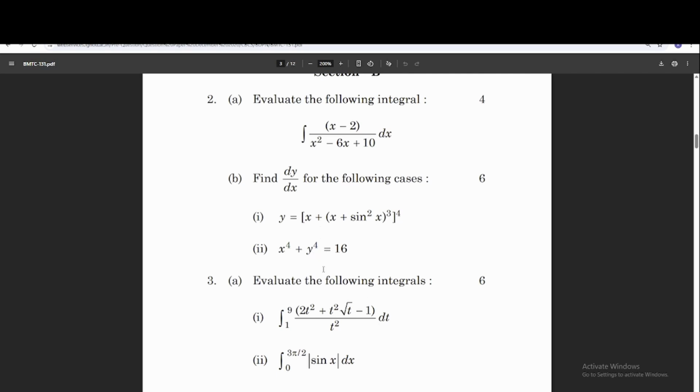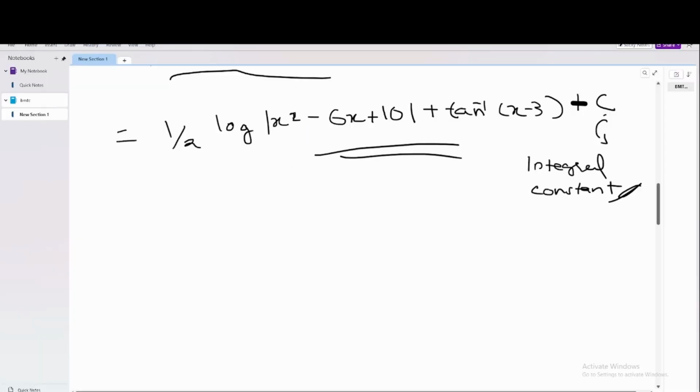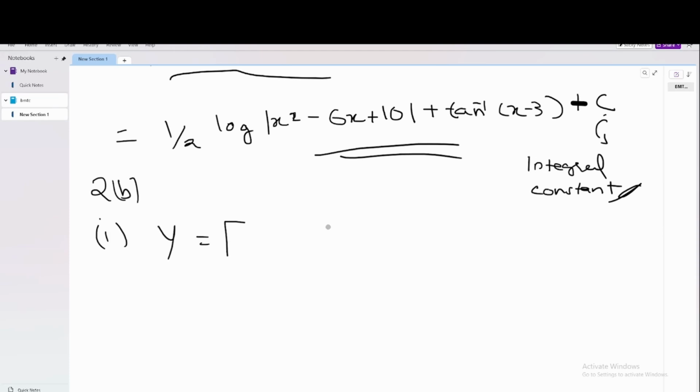Here two cases are there. First we do the first case.